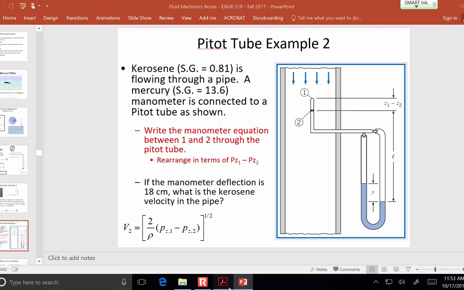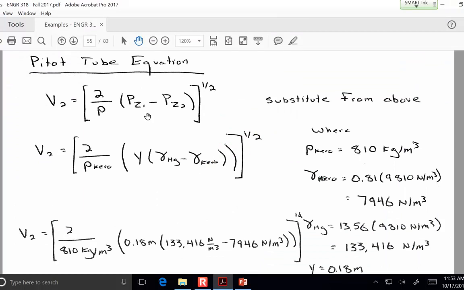And so here, when we had Bernoulli's equation rearranged with the assumption that the velocity at 1 is 0, that's the pitot tube equation, and we'll just drop in the deflection of 18 centimeters, the difference in the unit weights, and the density of the kerosene.